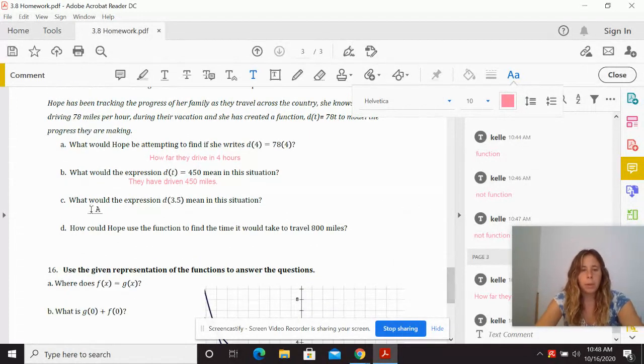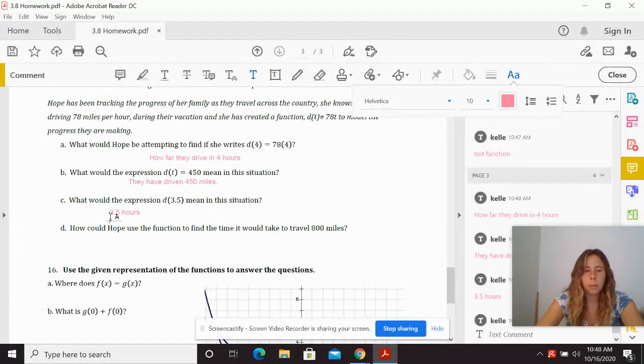What would the expression d of 3.5 mean? Ooh, they gave you a decimal. I'm giving you think time. What does that mean? It means 3.5 hours.